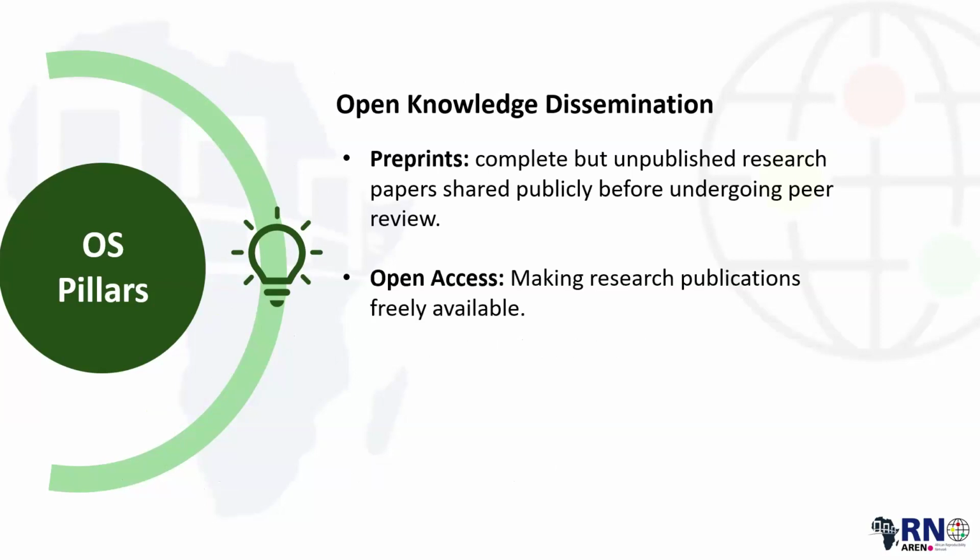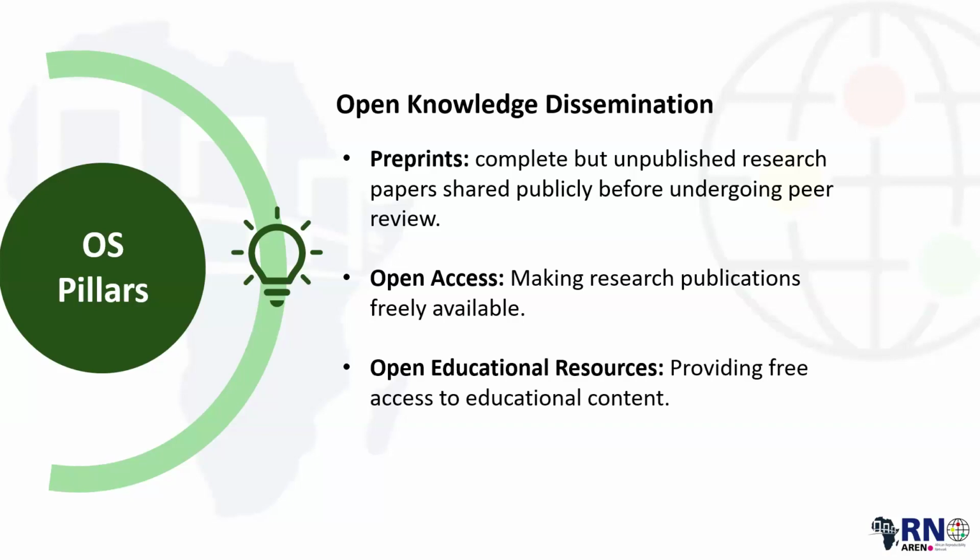And we have open access, which most of you know about, which is making research publications freely available. We will also learn about that in our training programs, because there are many different types of open access. Also, we have open educational resources, which means making educational content freely available for anyone to access.